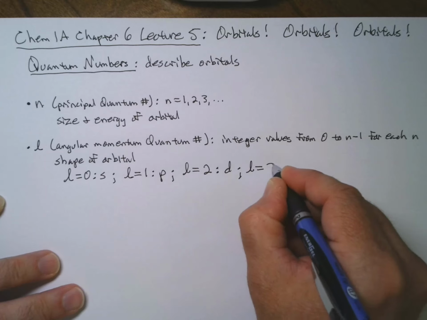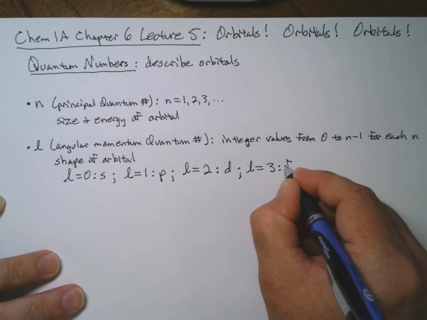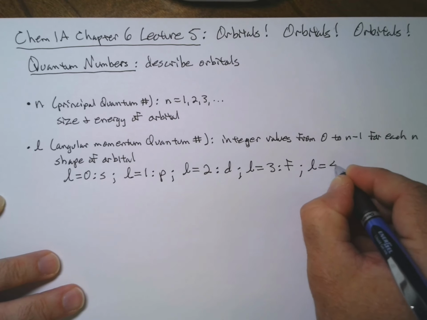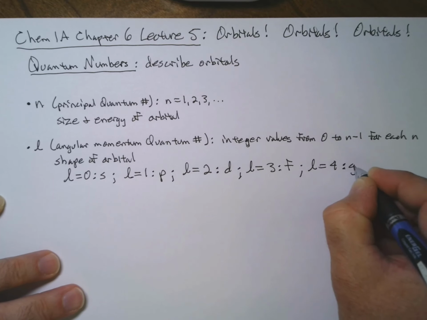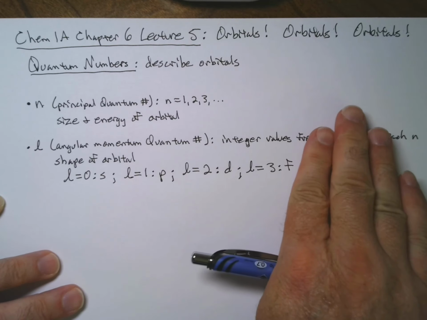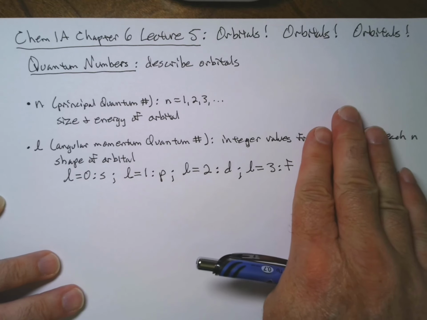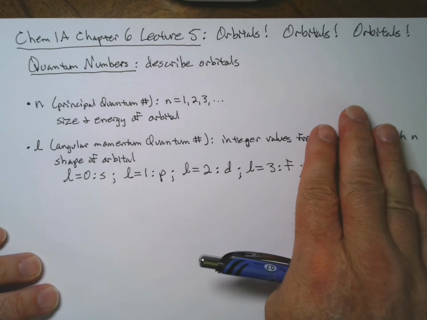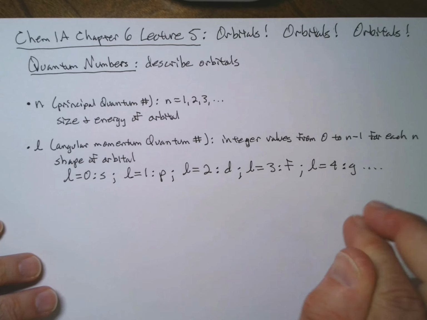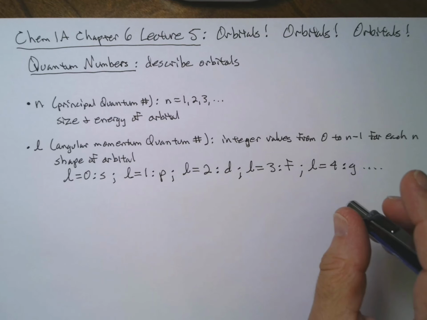When L equals 3, those are the f orbitals. When L equals 4, those are g orbitals, etc. Okay, and typically we won't run across g orbitals in the ground states of atoms. Mostly we'll be dealing with s, p, and d, and I'll point out where the f orbitals show up in the periodic table.